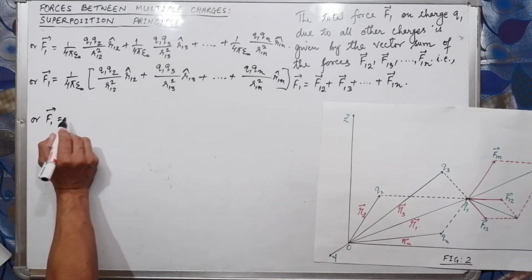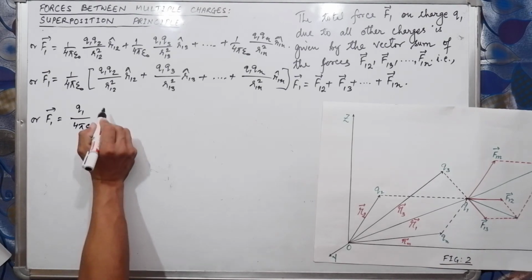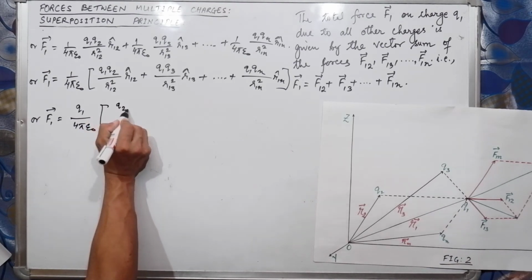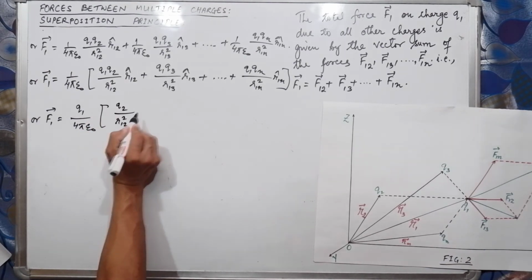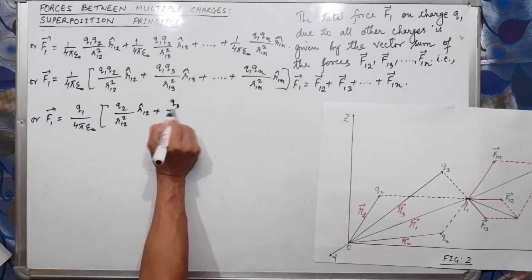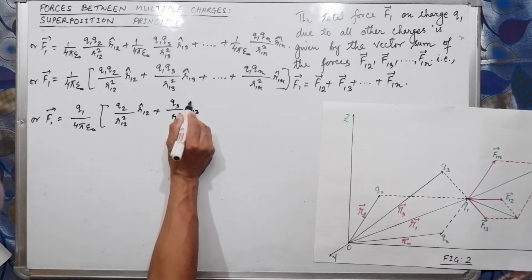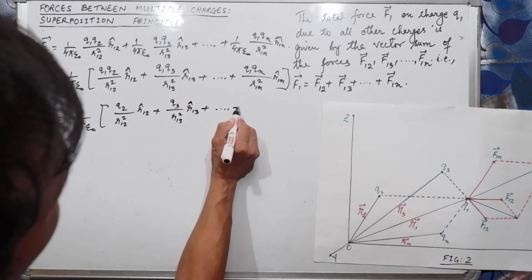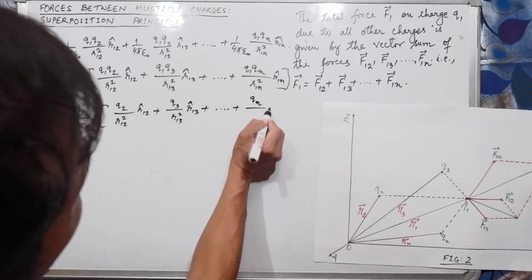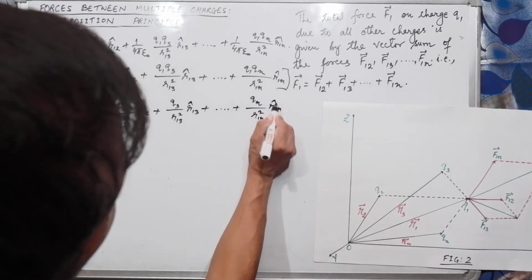So F1 will be equal to Q1 by 4 pi epsilon naught, then Q2 remaining by R12 square R12 cap plus Q3 remaining by R13 square R13 cap plus up to Qn remaining by R1n square R1n cap.